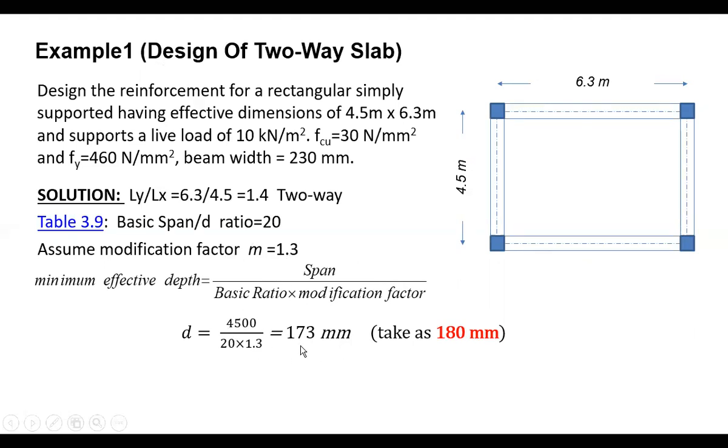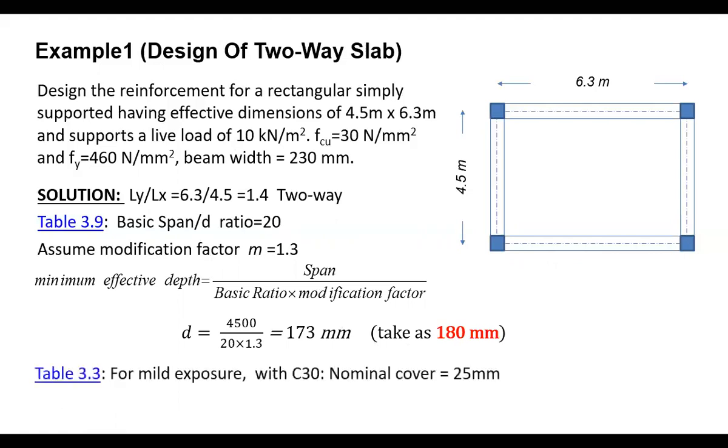This will give us 173 millimeter. You can round it to a bigger value or lower value because you have to check later on. In this case, because the live load was somewhat high, I round it towards 180 millimeter.